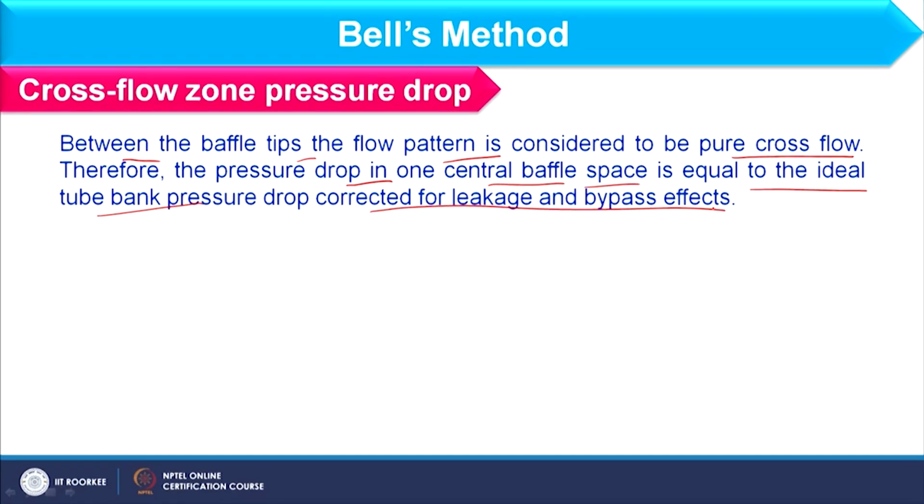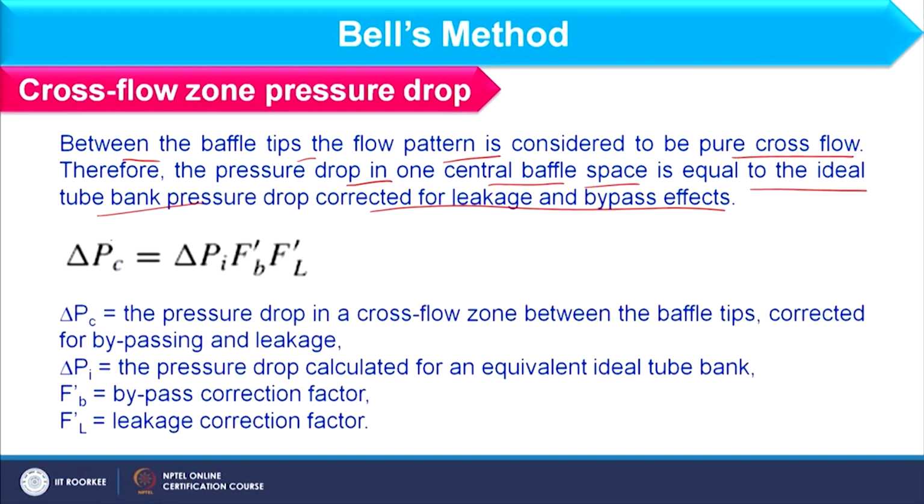Here again we are considering the ideal tube bank, and then we will consider different correction factors as we have studied in heat transfer coefficient of shell side. Let us see the expression for the pressure drop in cross flow zone. Here the expression is delta Pc equals delta Pi Fb' Fl'.